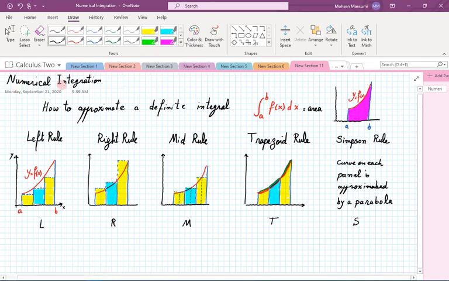Numerical integration is a topic all by itself, which one of its chapters tries to answer this question. How would you actually calculate a definite integral? All the students in mathematics, engineering, physics, and so on are going to have a course later on, perhaps an optional course on numerical approximations.